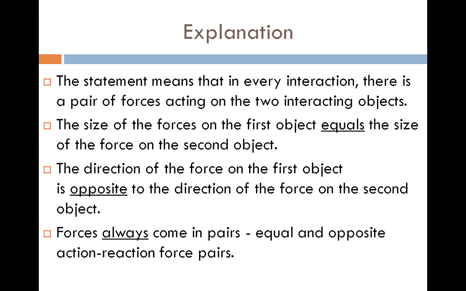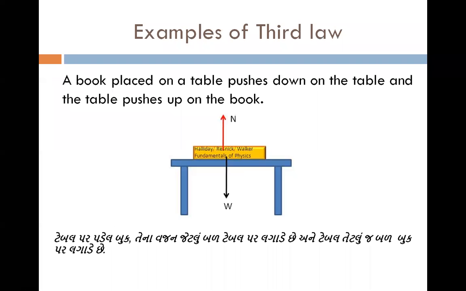The direction of the force on the first object is opposite to the direction of the force on the second object. Forces always come in pairs, equal and opposite: action, reaction, force pair.